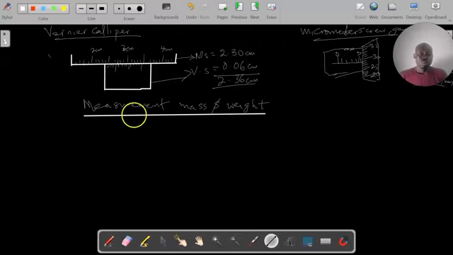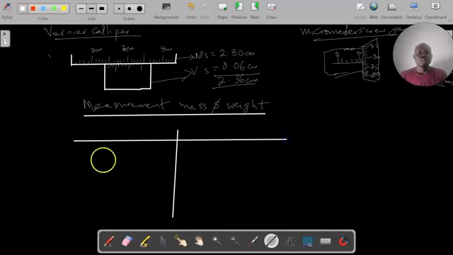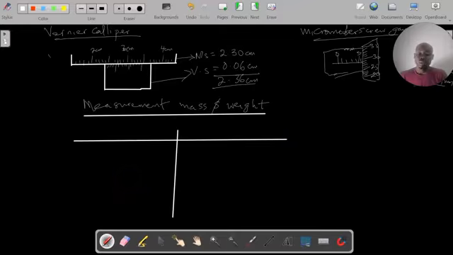So if you want to measure mass, mass is measured by beam balance, while weight is measured by spring balance. So we want to differentiate between the two.